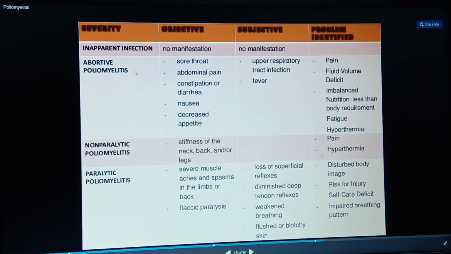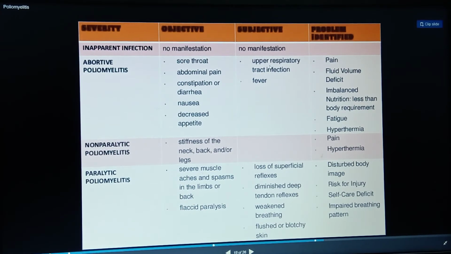First we'll see abortive poliomyelitis. The clinical manifestation has been divided into three types: first is abortive poliomyelitis, second is non-paralytic poliomyelitis, and third is paralytic poliomyelitis. In abortive poliomyelitis, the person has a sore throat, abdominal pain, constipation and diarrhea, nausea and decreased appetite, shown in the subjective type.